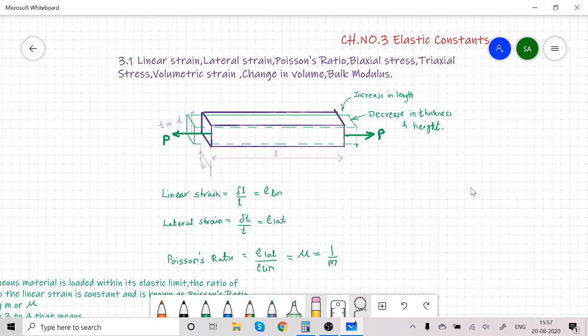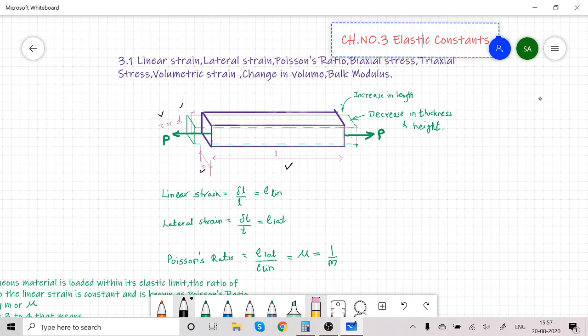Now consider a bar of length L, and the cross section of the bar is say B by D or T by B, where T stands for thickness, D is depth, and B is the width. Now we are considering the rectangular cross section bar.